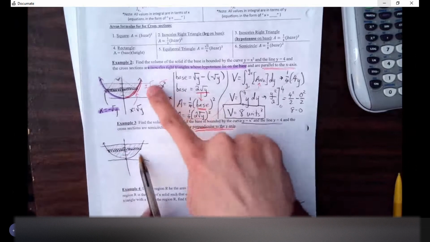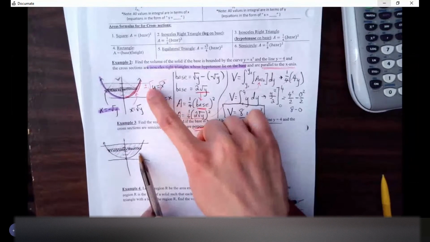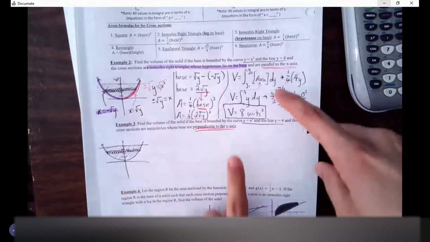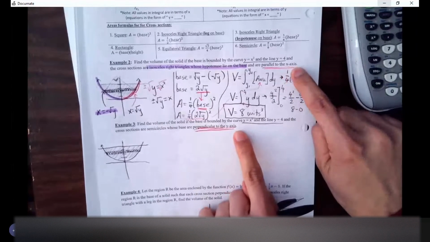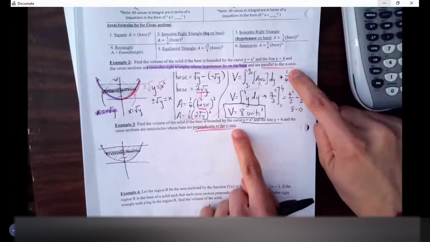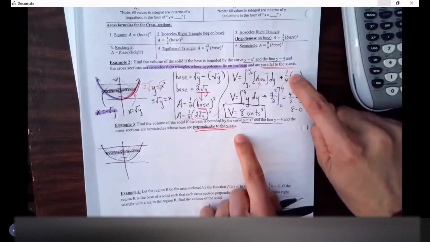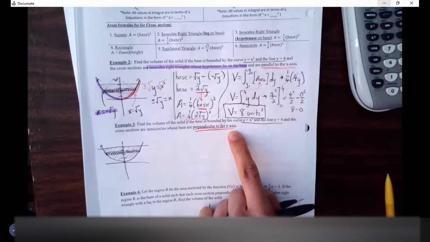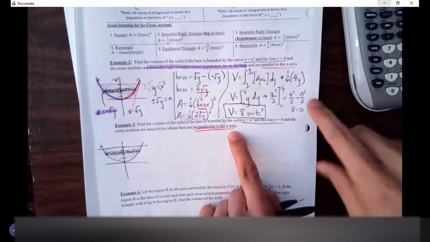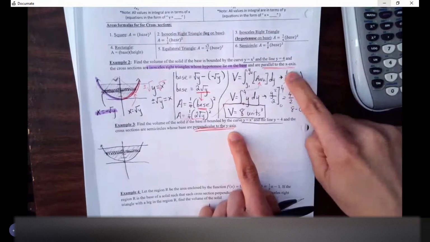So if you look, it's the same orientation as example 2, but the wording is a little bit different. I want to point this out, that there are different ways that the problem can say horizontal or vertical. But we have to get used to this language because for some reason this is the way AP exams for cross sections are going to present the problem.